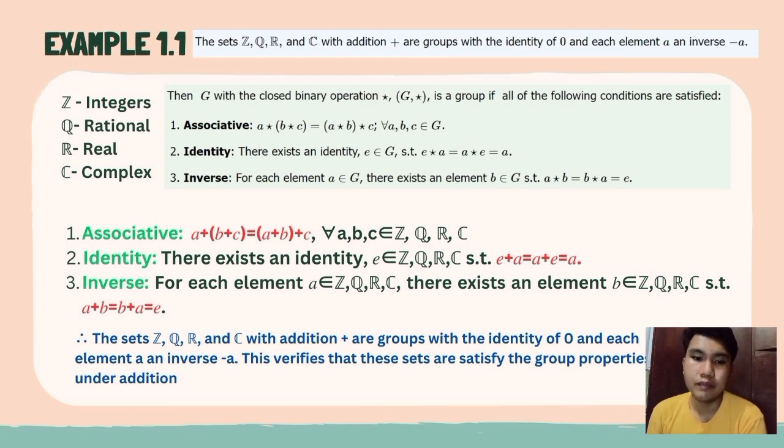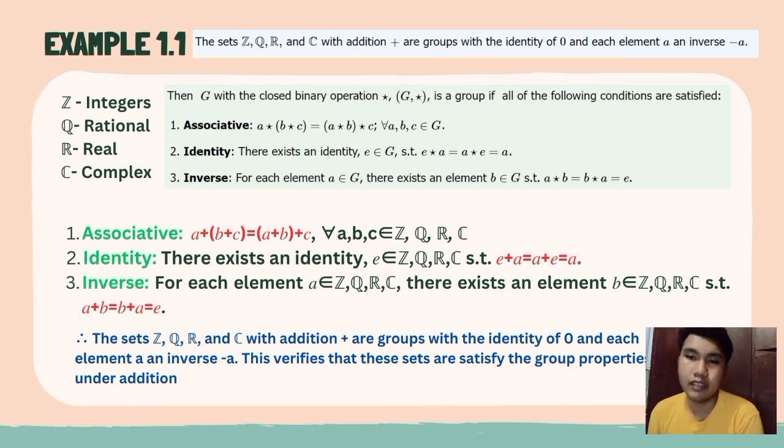For the inverse, for each element a in integers, rational, real, and complex, there exists an element b in the same sets, such that a plus b is equal to b plus a, which is equal to the identity.